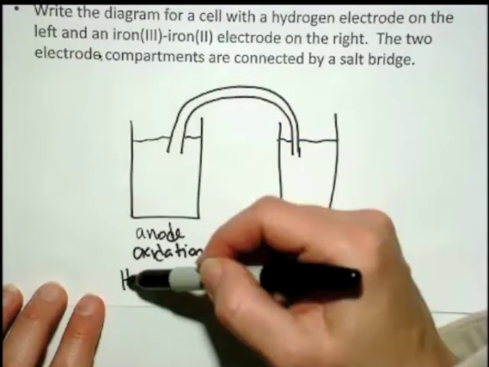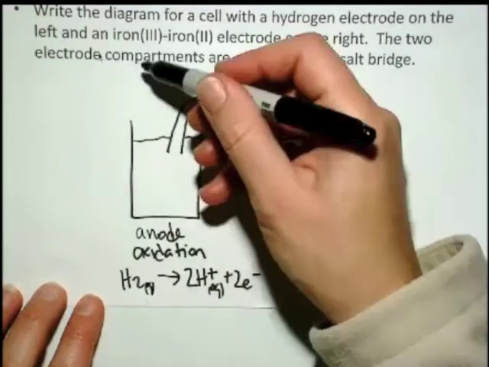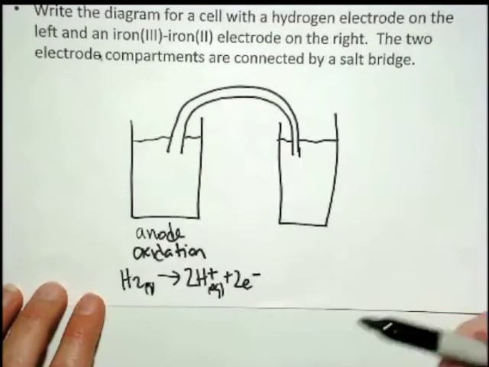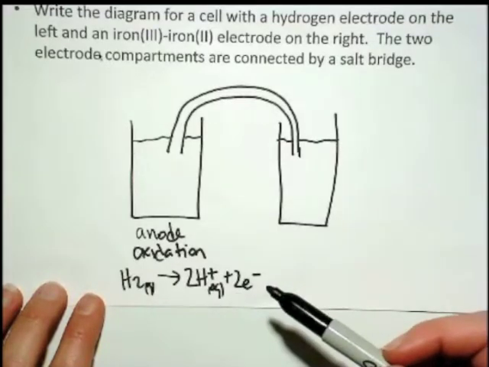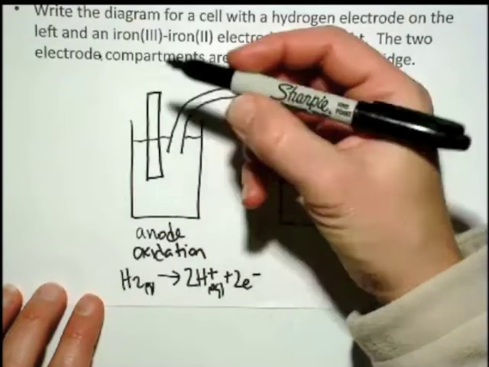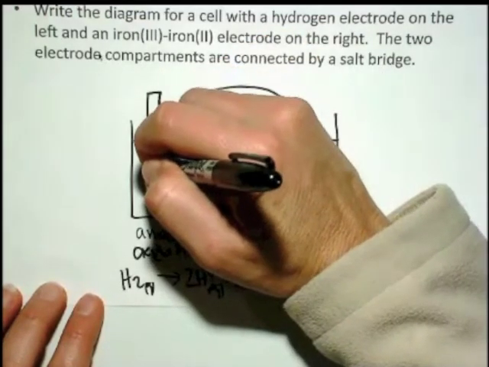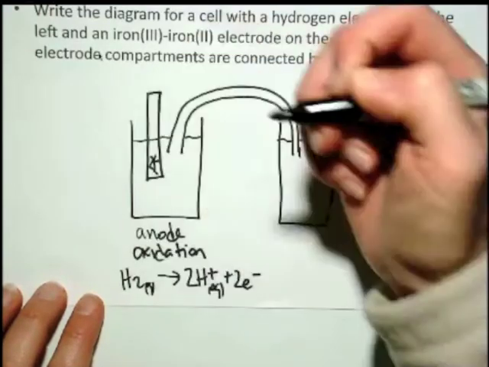Now hydrogen is a gas, and this is aqueous. So how do I have a piece of metal that's going to act as the anode? Well, a lot of times we have what's called an inert electrode, just something that can conduct electricity but doesn't participate. A common one would be a graphite electrode or platinum. So we'll just use platinum here.